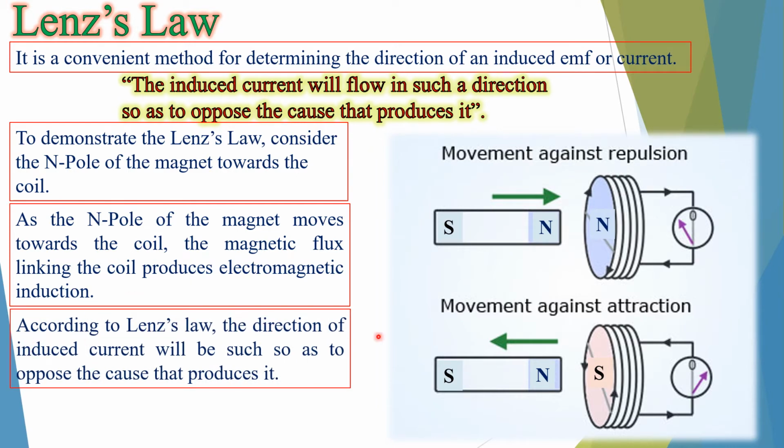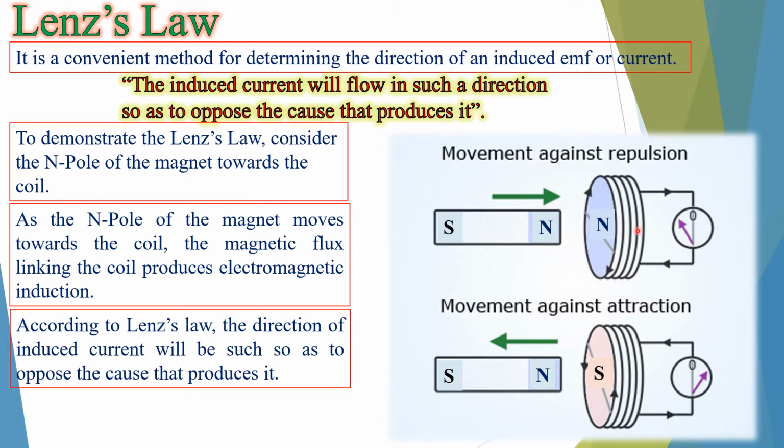According to Lenz's law, the direction of induced current will be such as to oppose the cause that produces it. The cause is the movement of this magnet towards the coil.